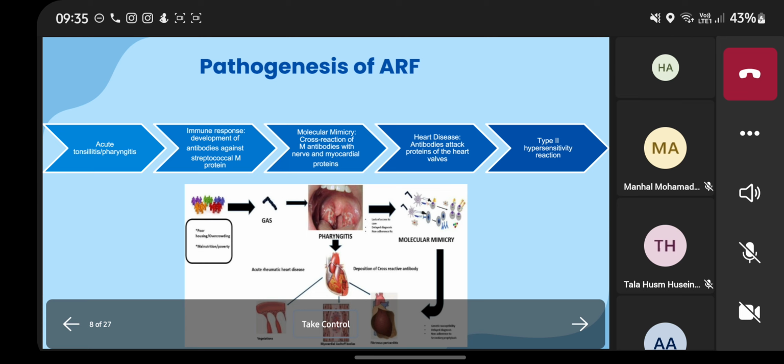So the immune system doesn't recognize which one is self antigen and which one is pathogenic, so it starts attacking all of them. As a result, the heart valve will be damaged and the disease will occur, and also the pathogen will start to vegetate on the valves themselves, leading to more severe manifestations of the disease. And this is known as type 2 hypersensitivity reaction.